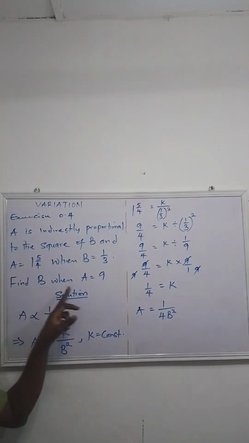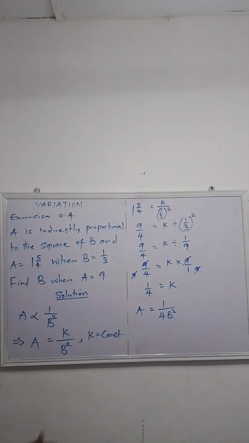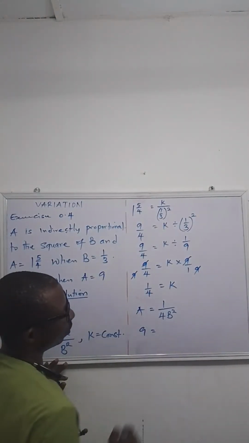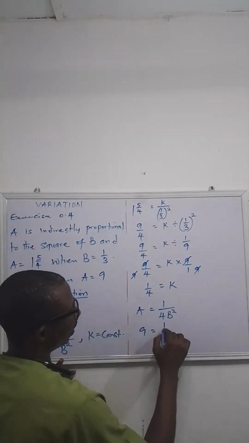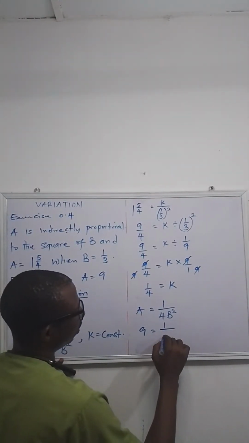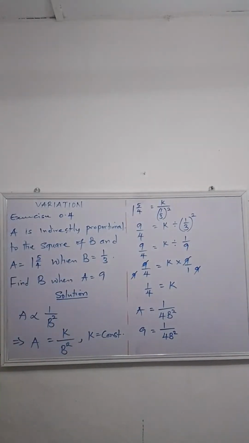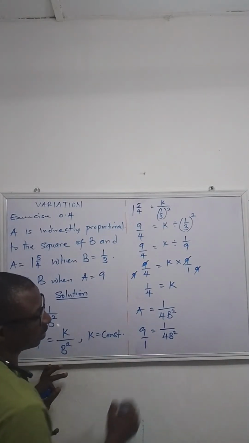So now let's plug in the value of A. So we have 9 equals 1 over 4B squared. Okay, so here you can cross multiply. When you cross multiply, now this one is the same thing as 9 over 1.